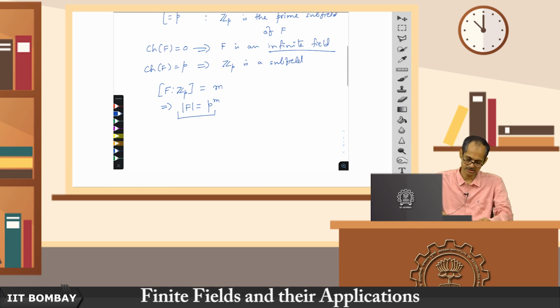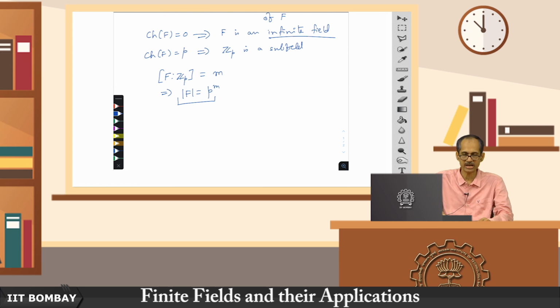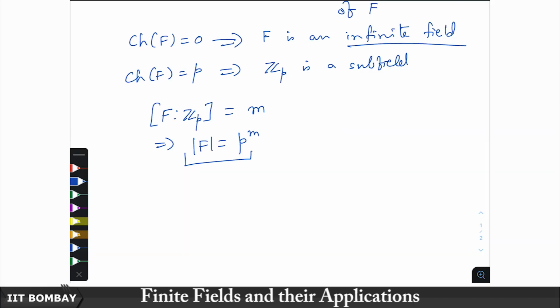Now, this brings us to the question of whether, if we take any prime number p and any positive integer m, there is a finite field of that order or of that size. The size of the field is also called the order of that field. And this will prove to be true, that is, there is a finite field of order p power m for every prime number p and positive integer m, and those are the only finite fields.